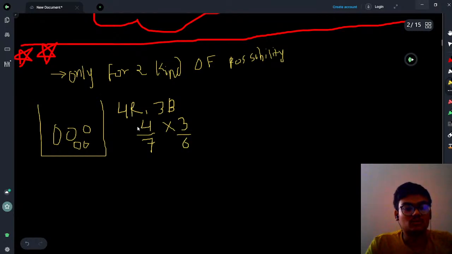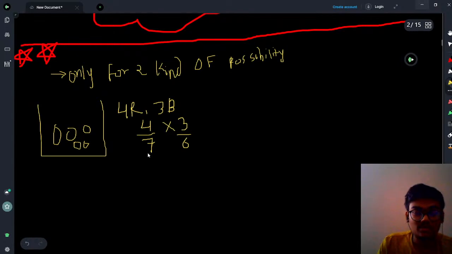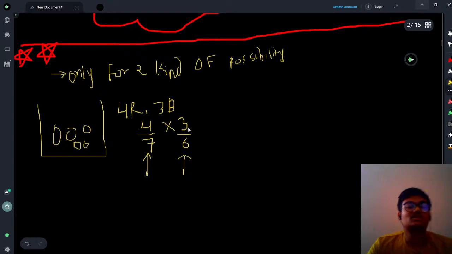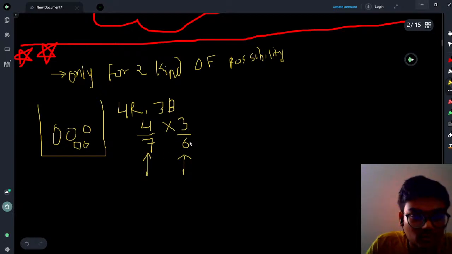So that's how we get the number of red balls. Our statement is getting a red ball, so this is also a success, but we know that the probability of success is different here. Here it's 4 by 7, here it's 3 by 6, or you can simplify to 1 by 2.